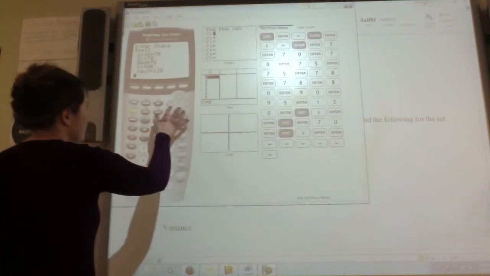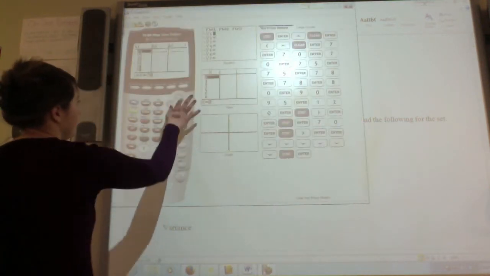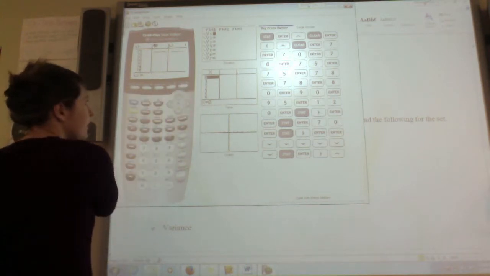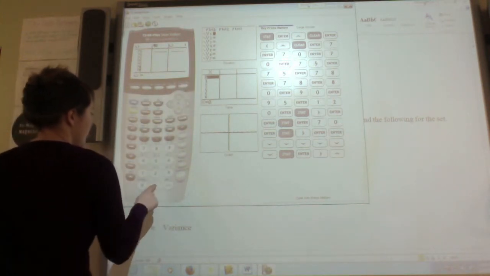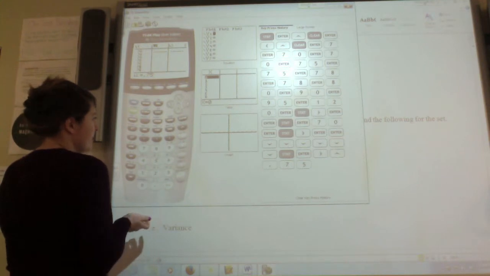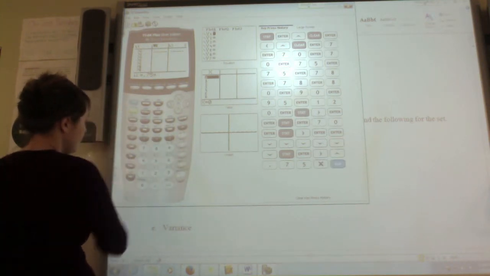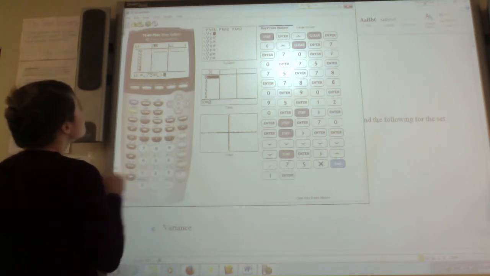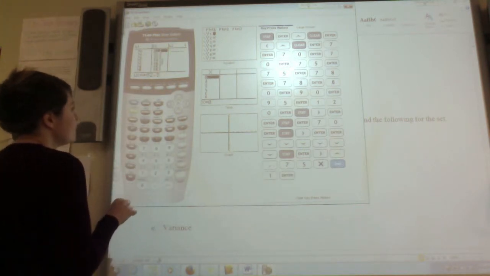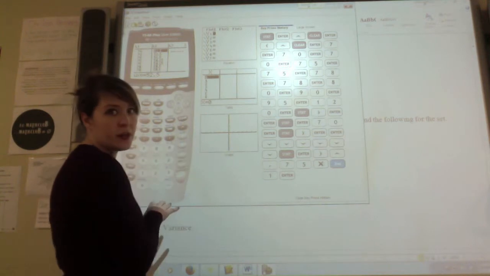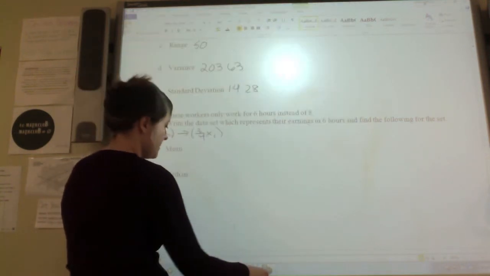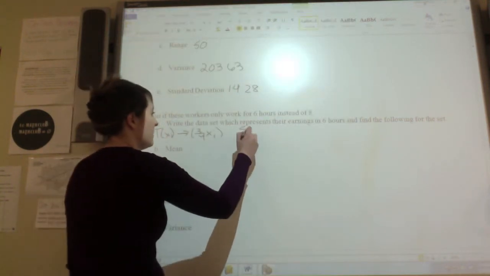To get that, I'm just going to go back into my stat edit, and in my list 2, I'm going to take 0.75, which is 3/4, times my list 1. And that fills in my data set for my list 2. So now I can copy that data set back onto here.